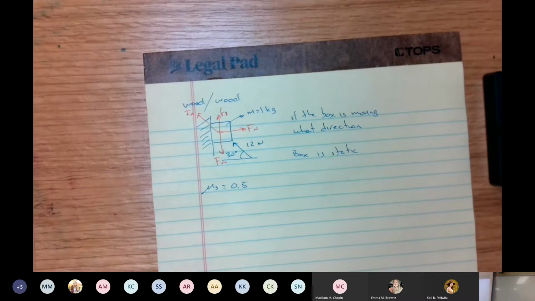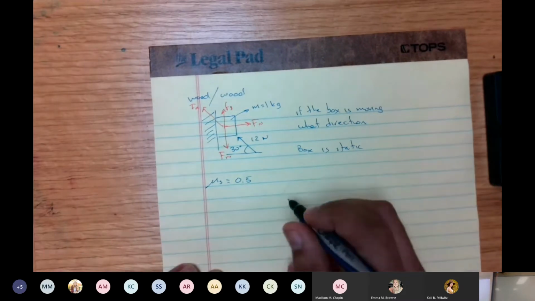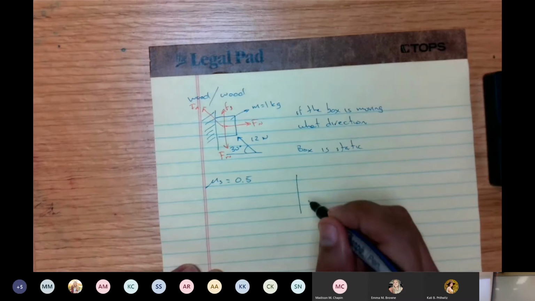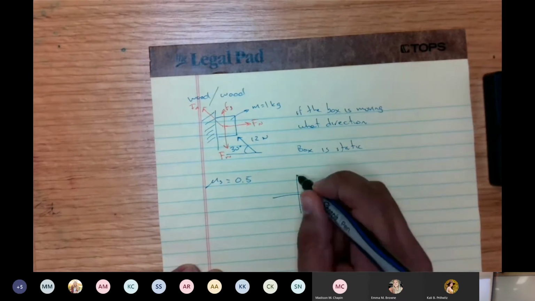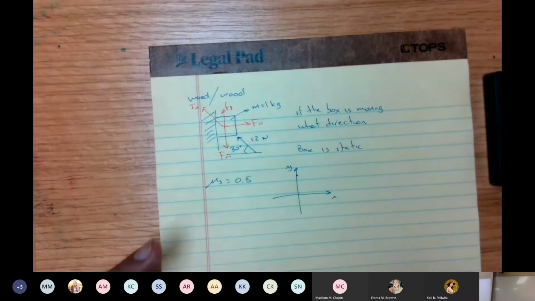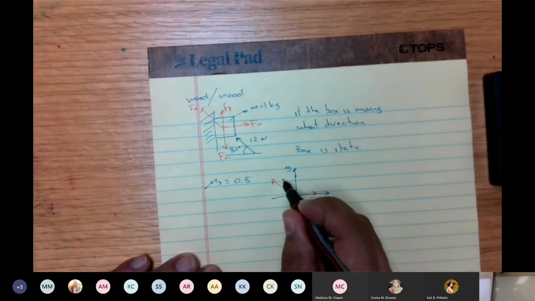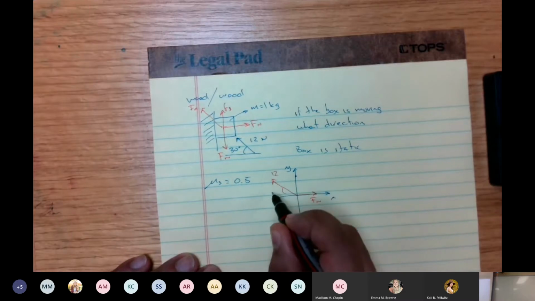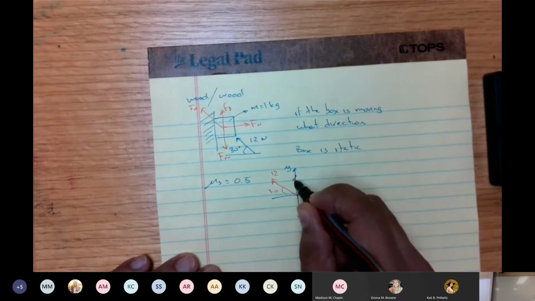So I'm going to do my free body diagram. X and Y. And the free body diagram is gonna look like that.